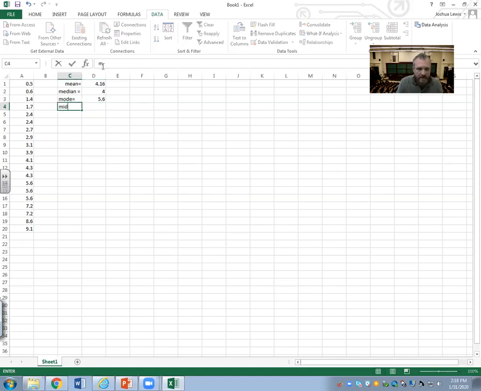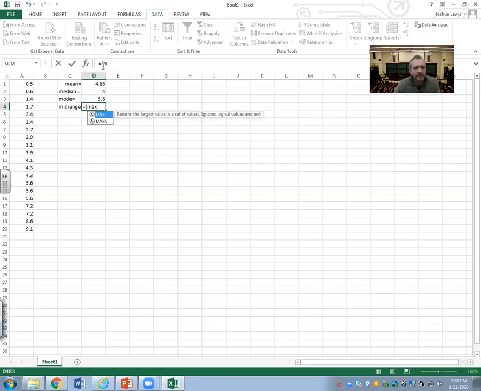So I'm going to type mid-range equals, and now for the mid-range, I've already ordered my data, so I know what my least and largest values are, but I want to show you something else as well. Let's say we didn't order our data. I don't have to order it in order to reference the minimum and maximum values. So I'm going to type equals parentheses and then I'm going to start with the maximum.